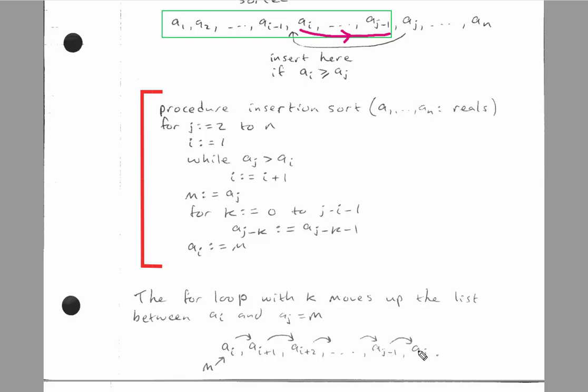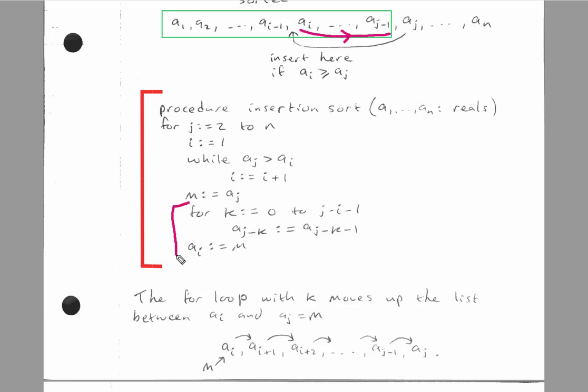So let a sub j equal a sub j minus 1, then let a sub j minus 1 equal the one before, down to a sub i plus 1 equals a sub i, and then let a sub i be that m, the old a sub j.